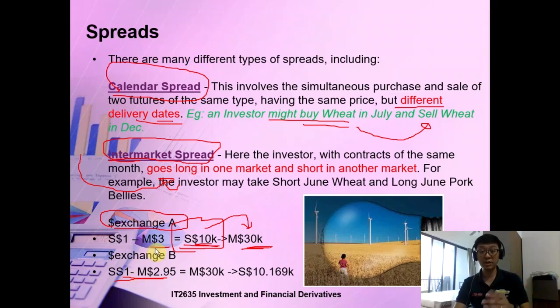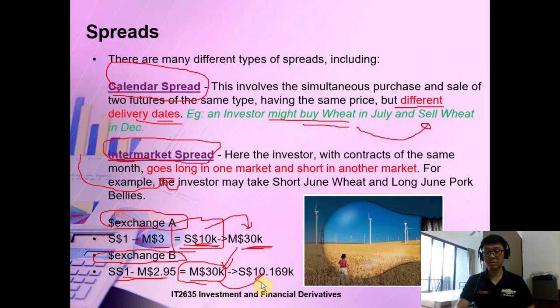So if you know how to make use of these differences in spread, like in this next money exchanger in, let's say, Boon Lay, you get a better rate for ringgit to Sing, like $1 to $2.95, right? So you find that, wow, just now I changed to 30K ringgit. Immediately, on the same day, at a different market exchange rate, I can convert back to Sing dollars.